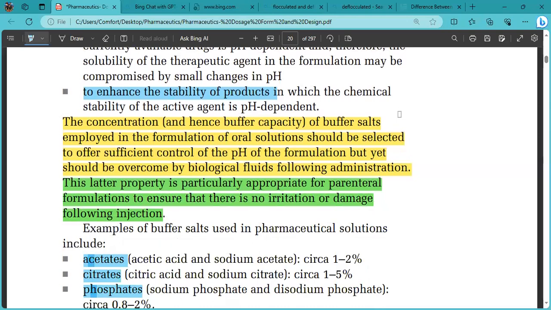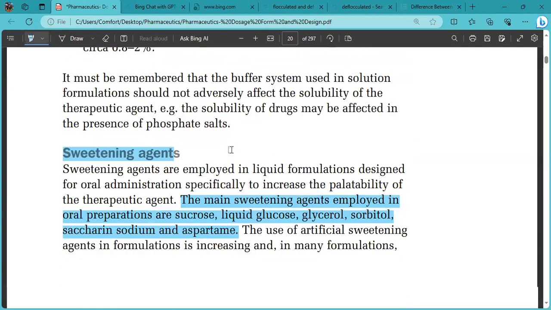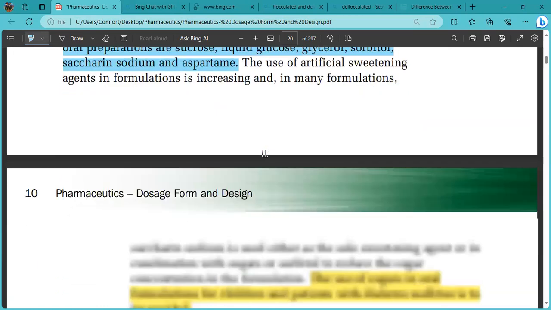Then they also enhance stability, as I mentioned before, and the common examples are acetates, citrates, and phosphates. So either the acetic acid or its salts, and those are the percentages within which you should keep the buffers that you are putting in your solution. And then sweetening agents, the main ones employed are sucrose, liquid glucose, glycerol, sorbitol, saccharin sodium, and aspartame.